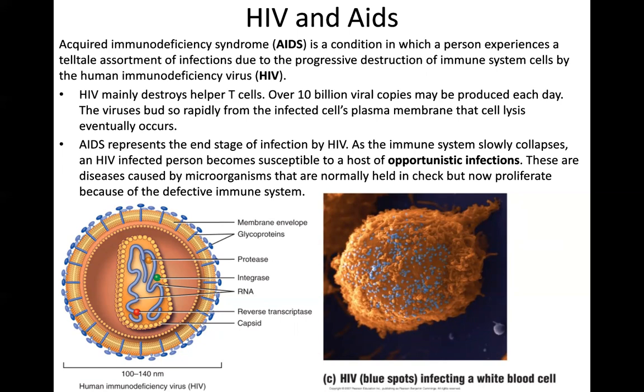These are diseases caused by microorganisms that are normally held in check, but now can proliferate because the immune system is defective. So in other words, when you have this AIDS progression, it's because your immune system is so compromised that you're going to get in big trouble just from something simple, like the flu or some other common illness a normal person would be able to fight off. But since your immune system is so compromised, you're at a disadvantage and it could lead to death.